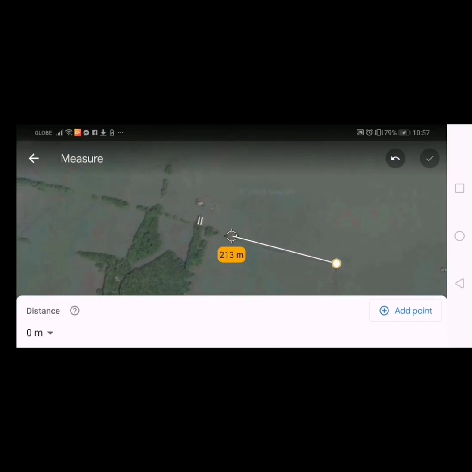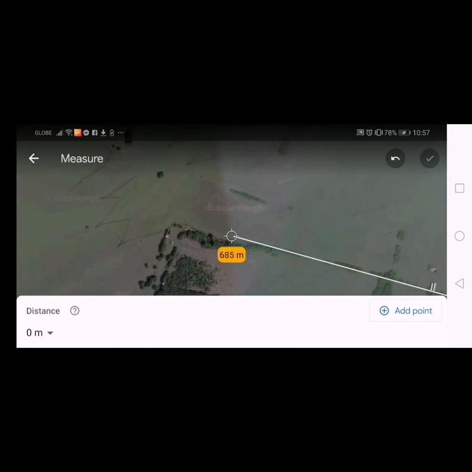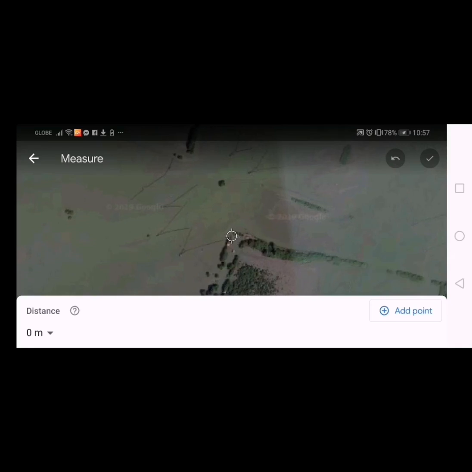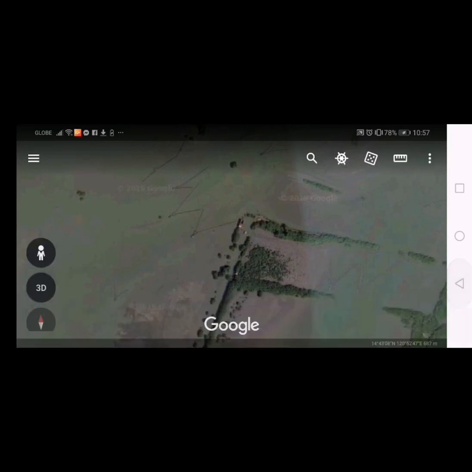Another one, this is also a very long wall, 808 meters.